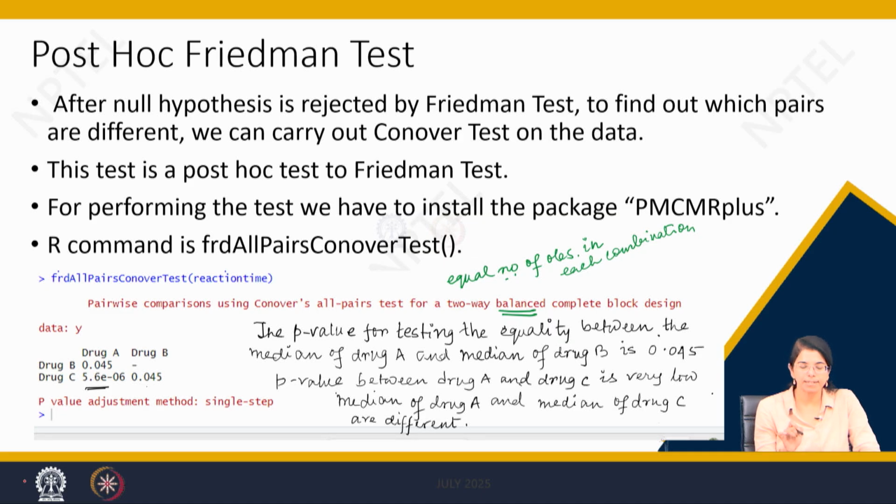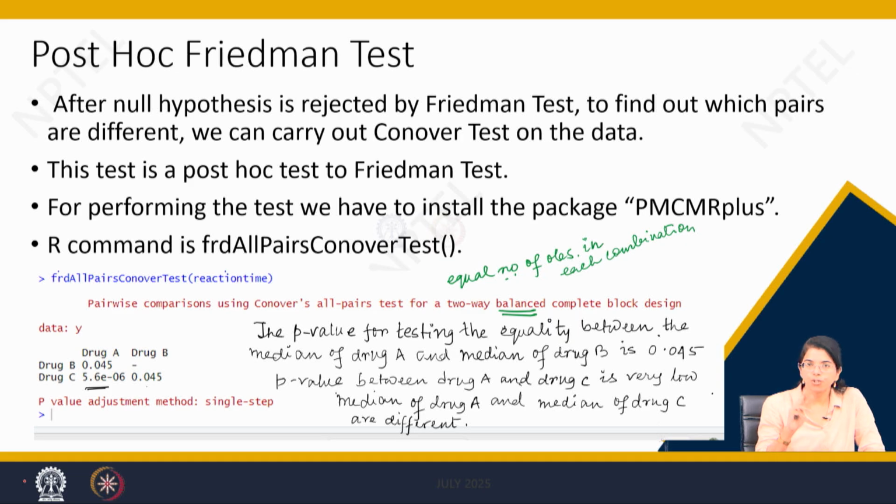So my first point is, what does it mean by balanced complete block? Balanced means equal number of observations in each row and column combination. And in our case, you have seen that only one observation is given in each cross section of row and column.